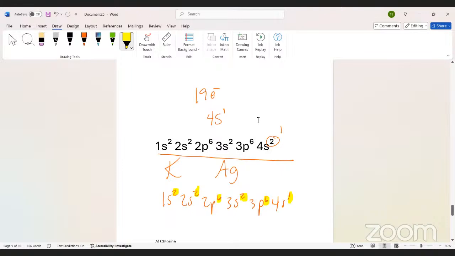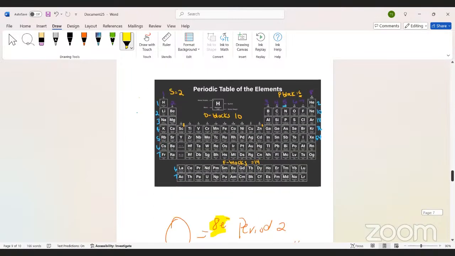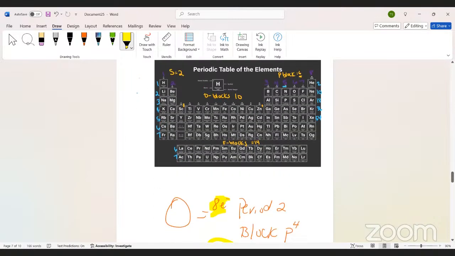And speaking of that, Alyssa, since you said noble gas, let's talk about that. What noble gas comes before potassium? So if we go back to our periodic table, the noble gas that comes before potassium is argon.